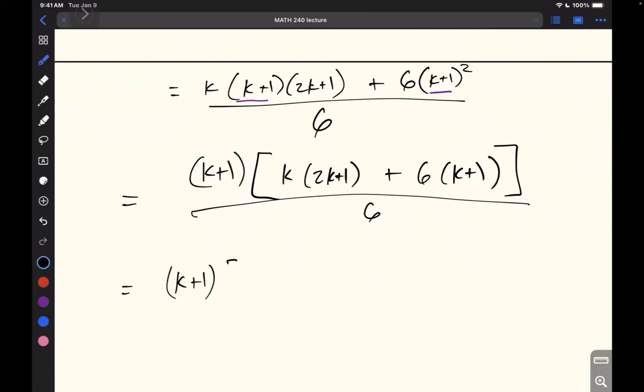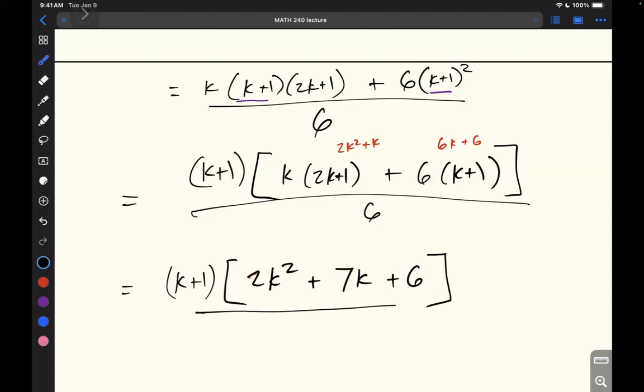So we've still got K plus 1 out here. And this gives us, as an intermediate step, 2K squared plus K, and then this is 6K plus 6. And adding those two binomials together, we get 2K squared plus 7K plus 6, still all over 6.